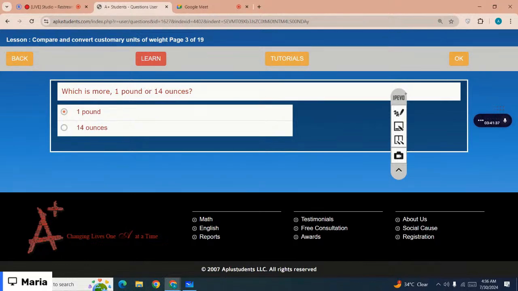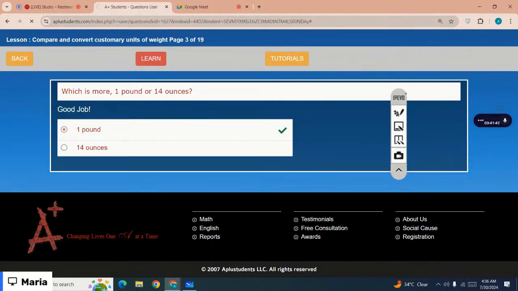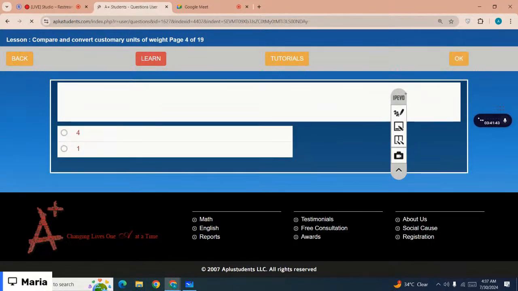Option number 1 is the correct option. 2,000 pounds equals how many tons?